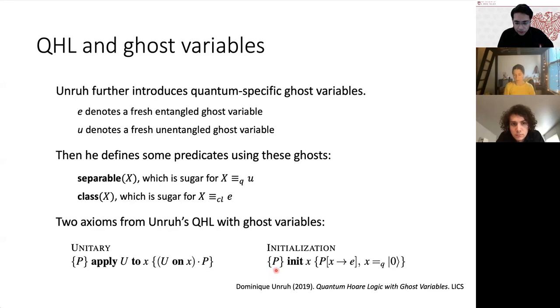But the idea is that given some proposition P, the postcondition or strongest postcondition in Unruh's quantum Hoare logic is that you replace all occurrences of this X in the precondition P by an entangled ghost E. So Unruh's init basically discards the previous state by replacing it with a ghost variable. And then you bind a new variable x with the initial state 0 in the system, and basically you add it to the system.